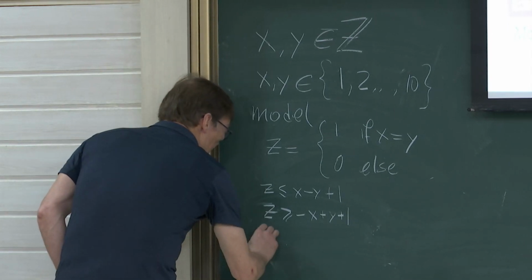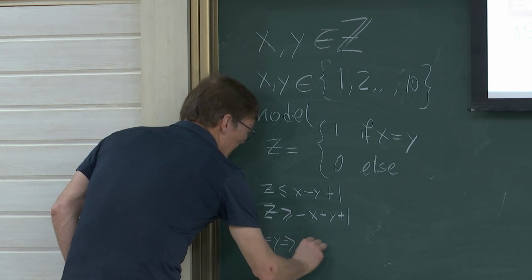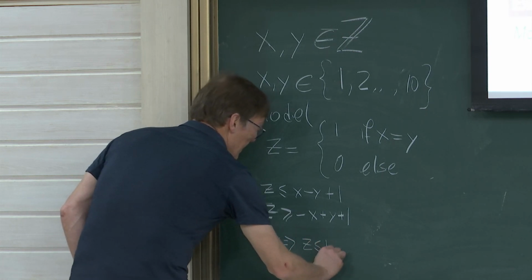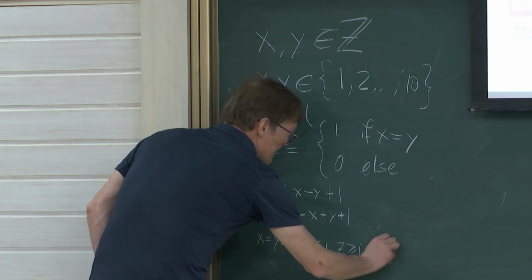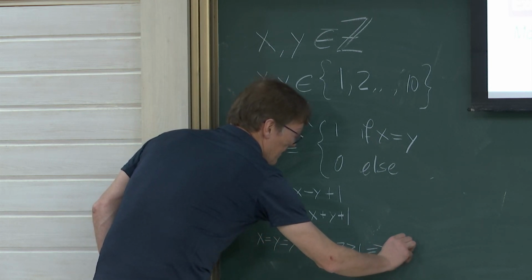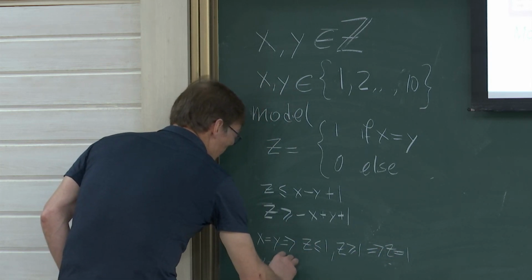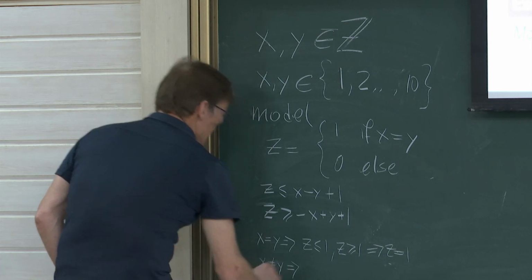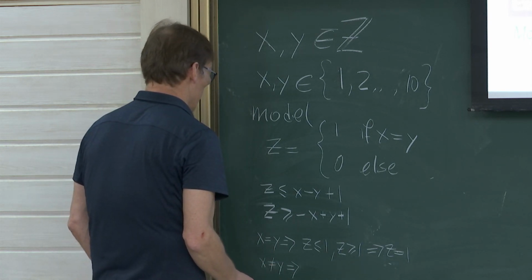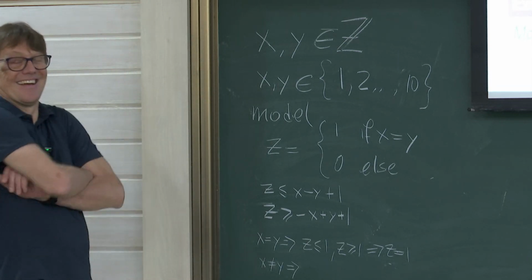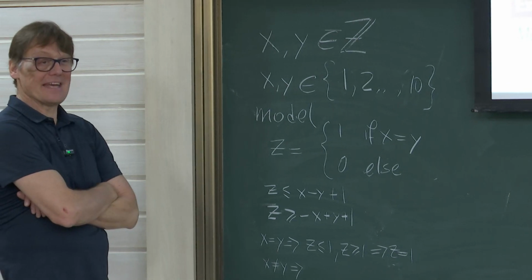So if x is equal to y, z is less than or equal to 1, and z is greater or equal to 1. So z is equal to 1. Good. Okay, I like this. And if x is not equal to y, then that depends if x is greater than y or y is greater than x. But I don't think I get it.